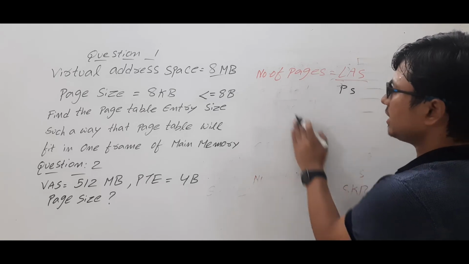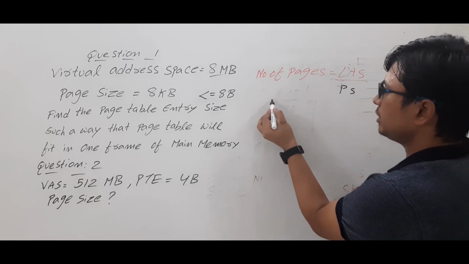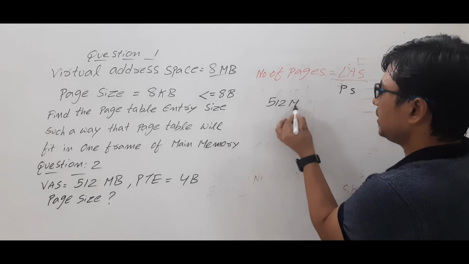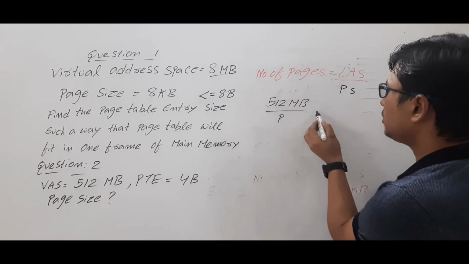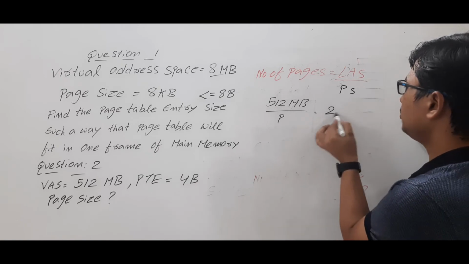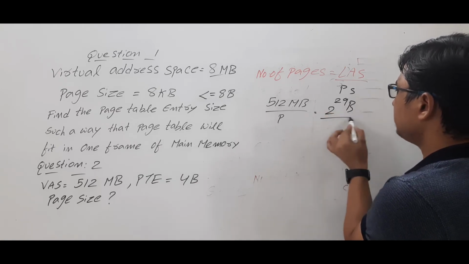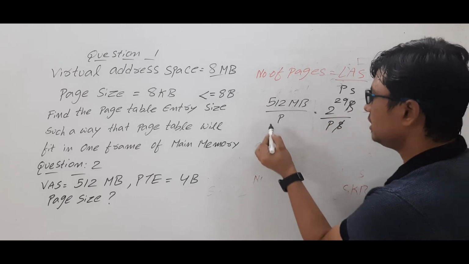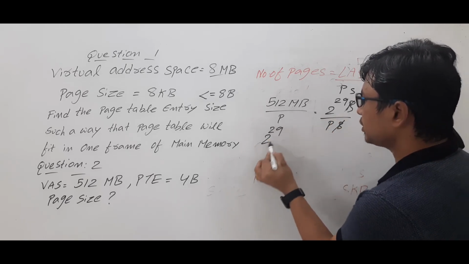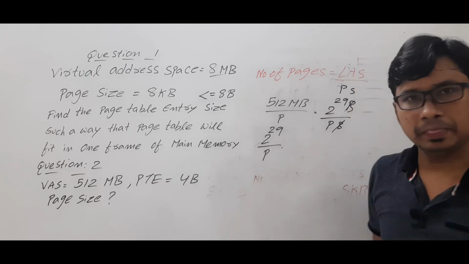Okay, logical address space is 512 MB. By page size we don't know, we will assume it as P. So 512 MB is nothing but 2 power 29 bytes by page size in bytes. So bytes and bytes if you cancel, the number of pages will be 2 power 29 by P. Is it clear?